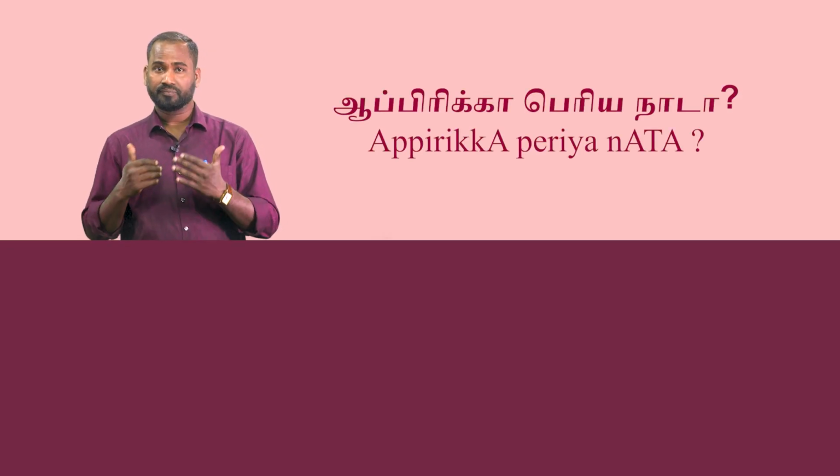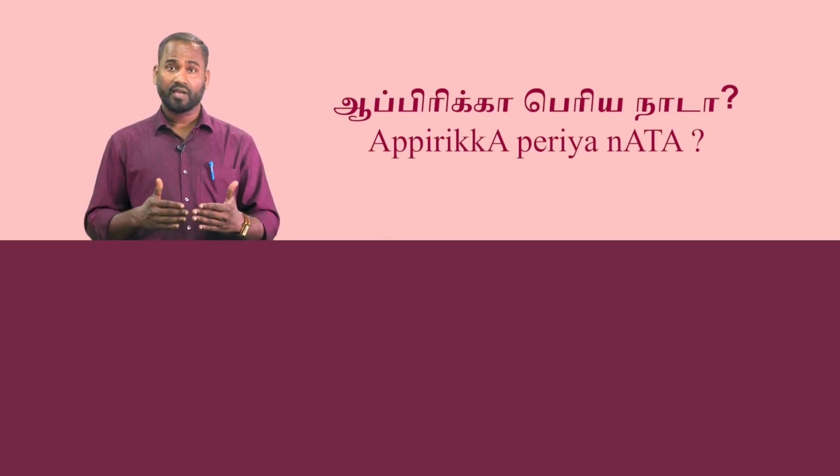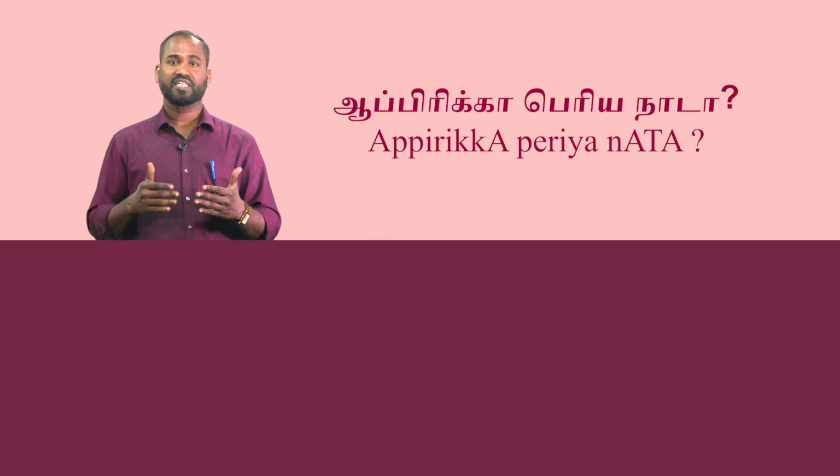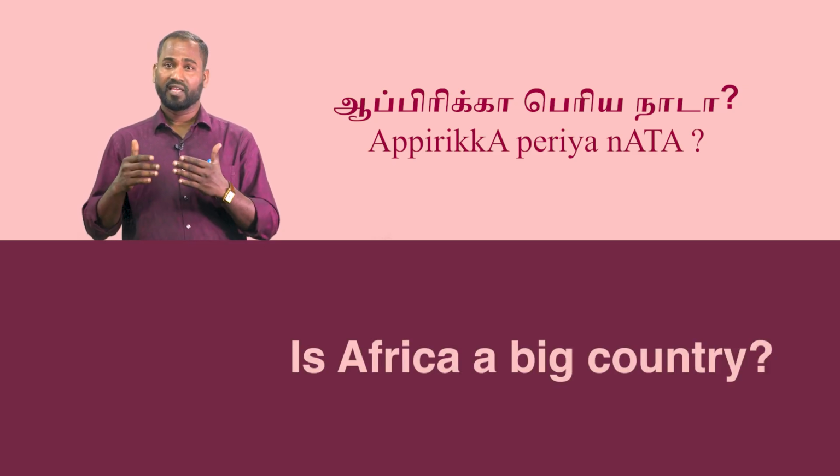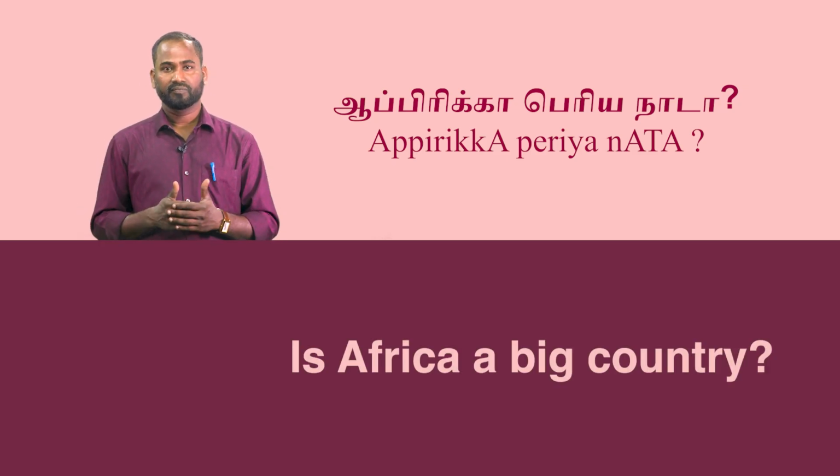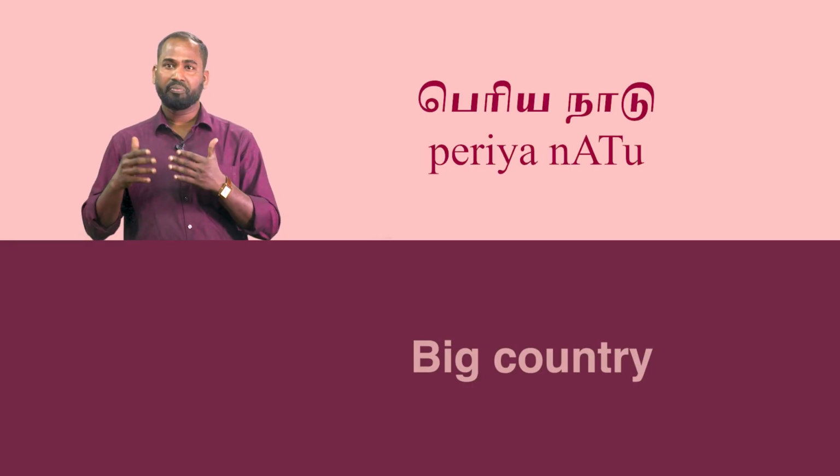Next sentence. Africa பெரிய நாடா? The Tamil sentence Africa பெரிய நாடா is translated as is Africa a big country in English. In this sentence, Africa refers to the continent Africa and பெரிய நாடு means big country.